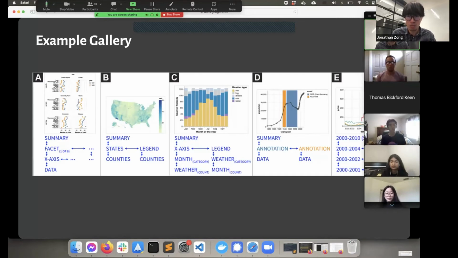Cool. So as we were prototyping, we made a lot of these example data visualization structures just to show that our prototypes represent this broader approach that can be reapplied more generally to a bunch of different types of charts.